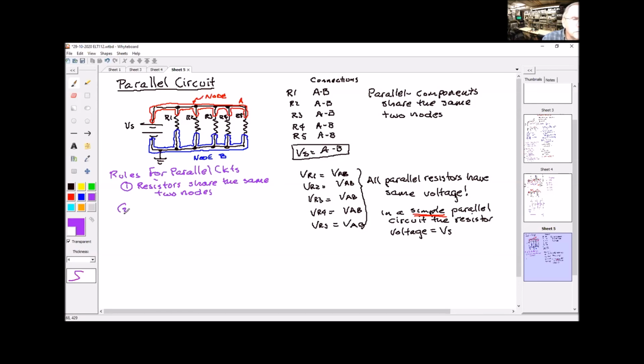The second one is all of the resistors have the same voltage.